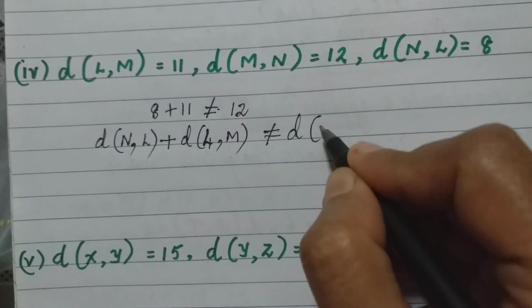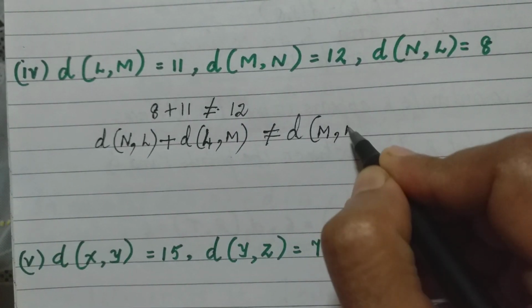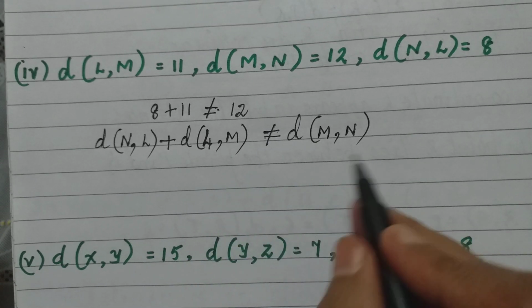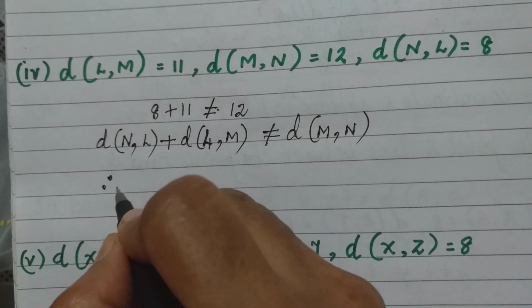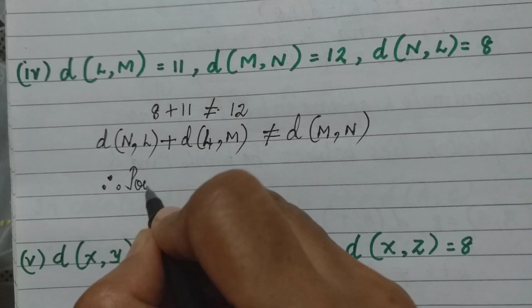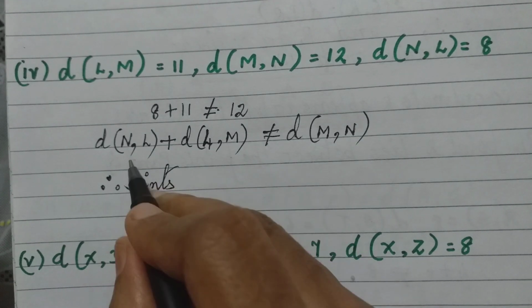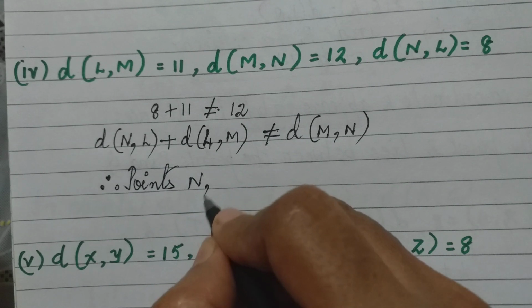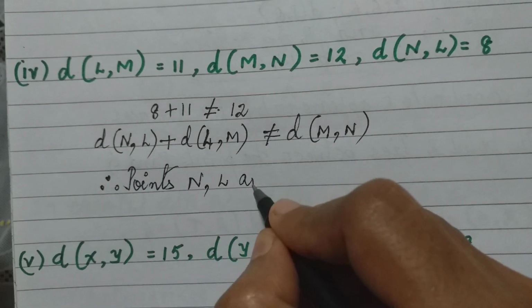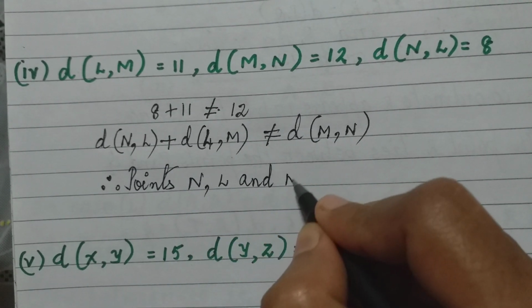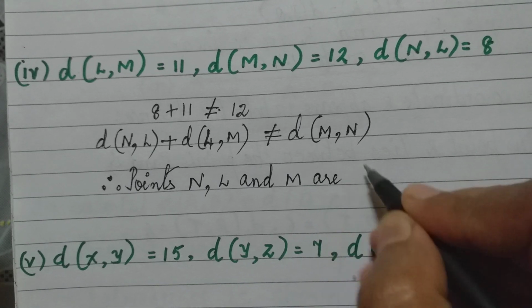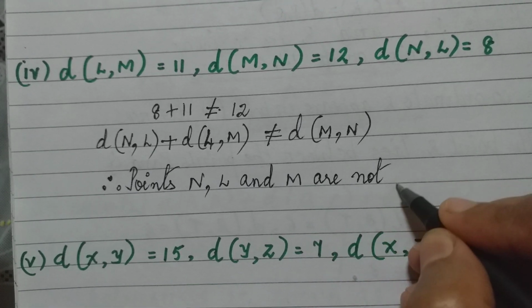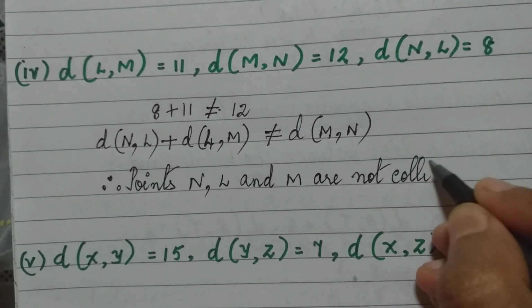Distance between the points M and N. And if it is not equal, therefore we can say the points, which points are we talking about? N, L and M. The points N, L and M are not collinear.